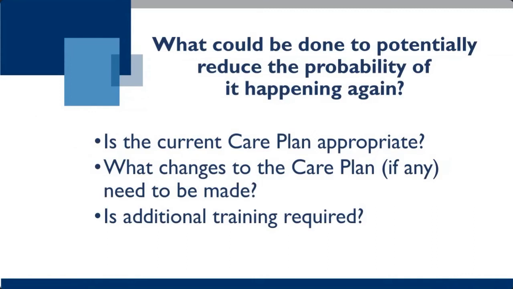And then any additional training, okay? So if we're going to make changes, it's not just for the care plan, but training related to the care plan. Are they using the proper equipment? Are they properly trained on the equipment? The specific equipment that you have at your facility that they utilize for your residents, are your staff trained on that equipment? They know exactly how to use it, the proper way to use it, and everything else.